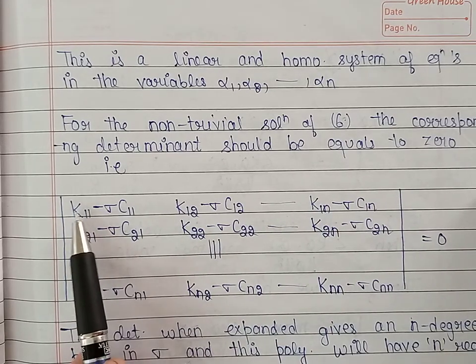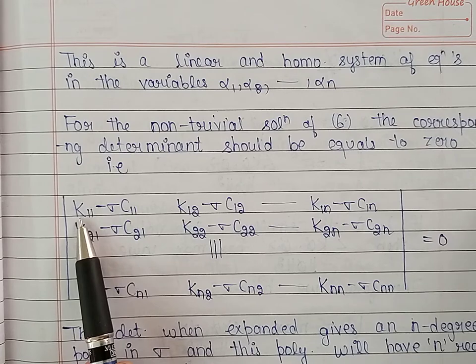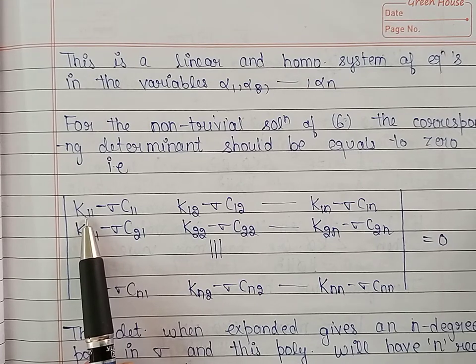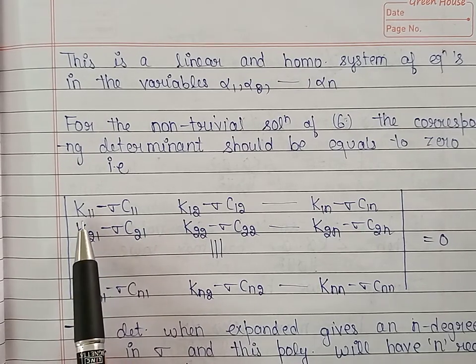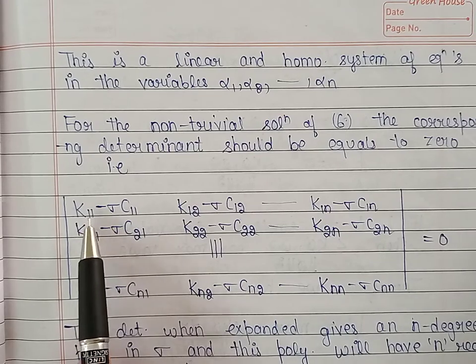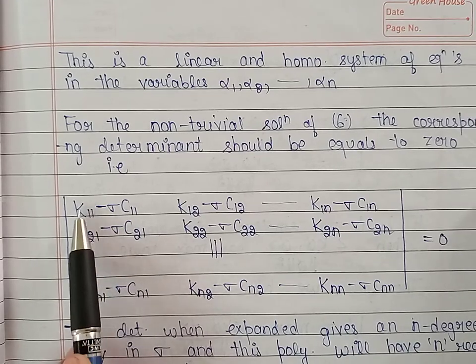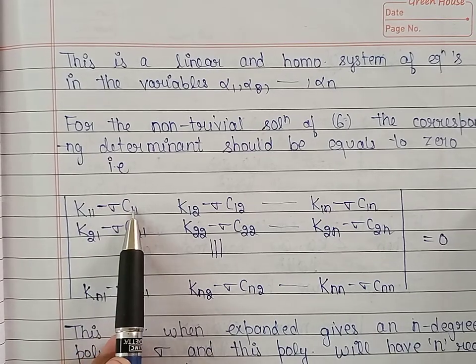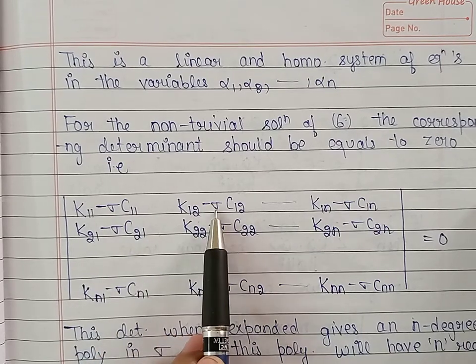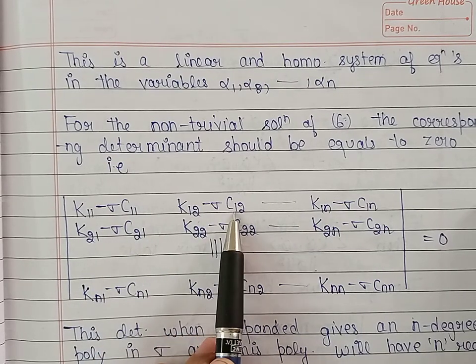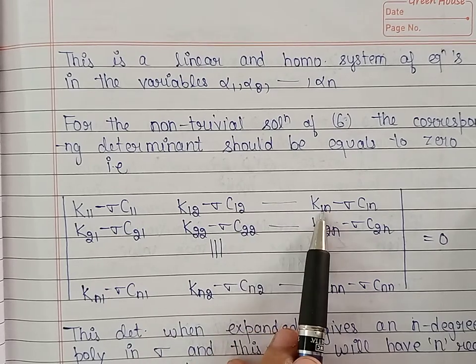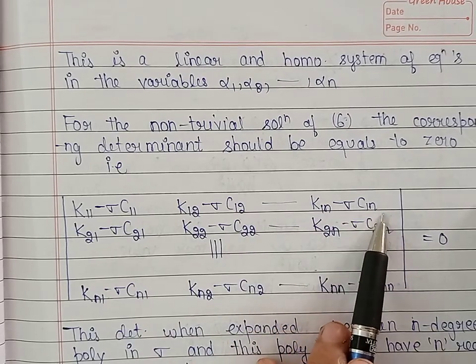So from there we get, if we put i is equal to 1 and k from 1 to n, we get the coefficients of the first row of the determinant, which are given by k11 minus sigma c11, k12 minus sigma c12 and so on, k1n minus sigma c1n.